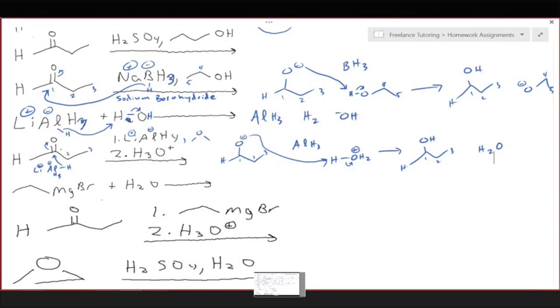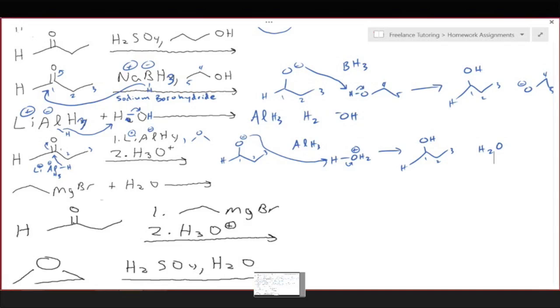Now compare this with the sodium borohydride reaction. What role can sodium borohydride play? Nucleophile. Is it a strong base? No. Do you remember we talked about that in our previous session? Sodium borohydride is not a strong base. It's a weak base. That doesn't turn out to be too important, but it's not a strong base. So, what was the solvent we used with sodium borohydride?